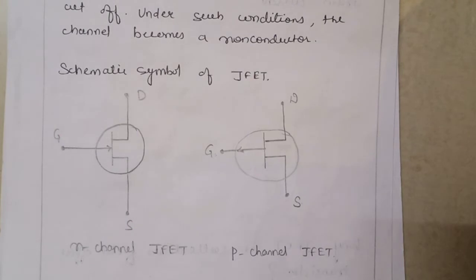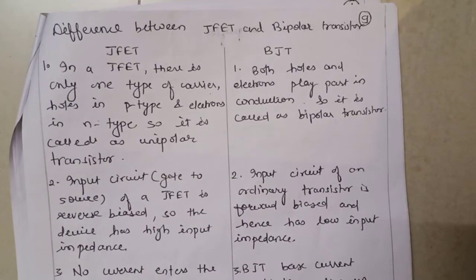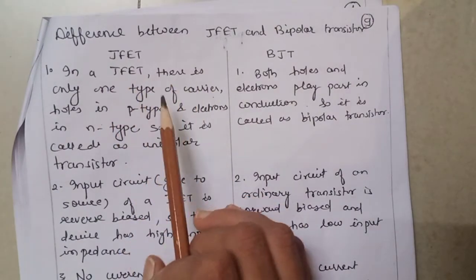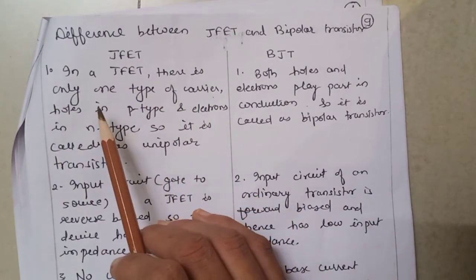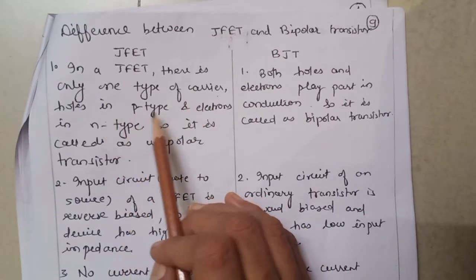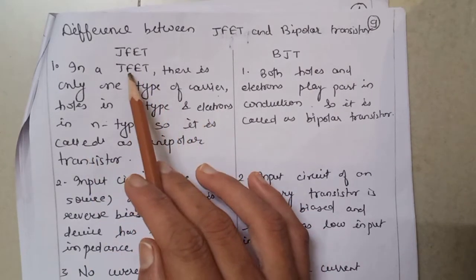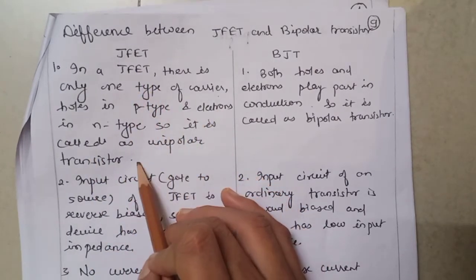Now the main topic: let us see the difference between JFET and the bipolar junction transistor, or ordinary transistor. In a JFET only one type of carrier takes part in the conduction process, either holes in p type or electrons in n type. That is how we call JFET unipolar in nature.